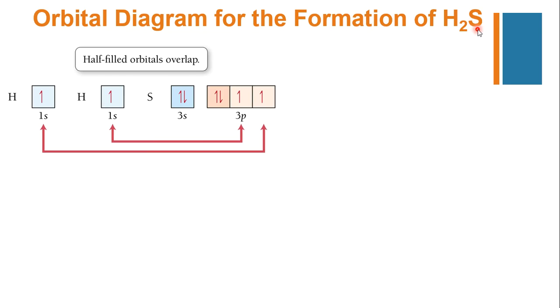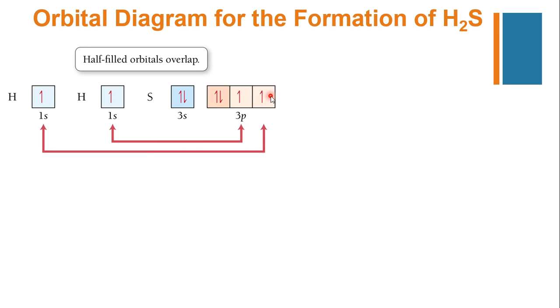If we look at sulfur, how many valence electrons does sulfur have? Sulfur has 6 valence electrons. It's in 16 or 6A. So it's got 6 valence electrons. 2 of those 6 are in the 3s orbital, and that one is full. The last 4 are in the 3p orbital. So 1, 2, 3, 4.